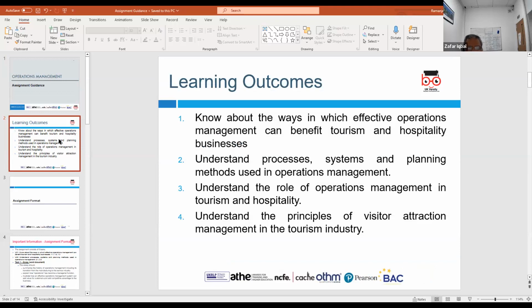The second was to understand processes, systems, and planning methods used in operations management. The third learning outcome was to understand the role of operations management in tourism and hospitality trade. And the fourth, which we covered yesterday, was to look at the principles of visitor attraction management in the tourism industry. So these were the 4 learning outcomes we covered over the 4 lectures.